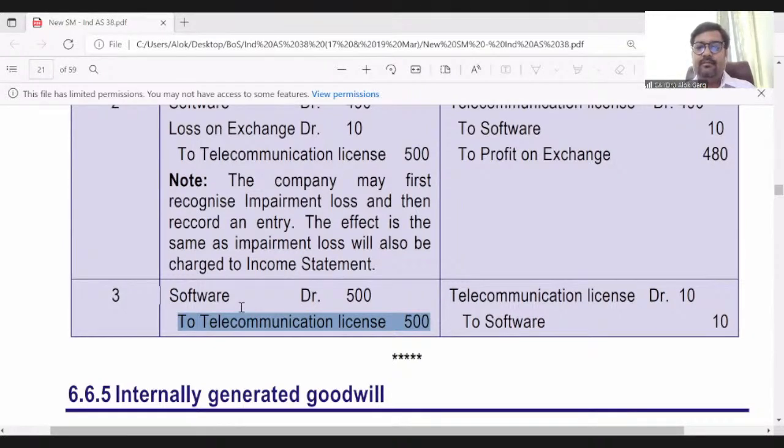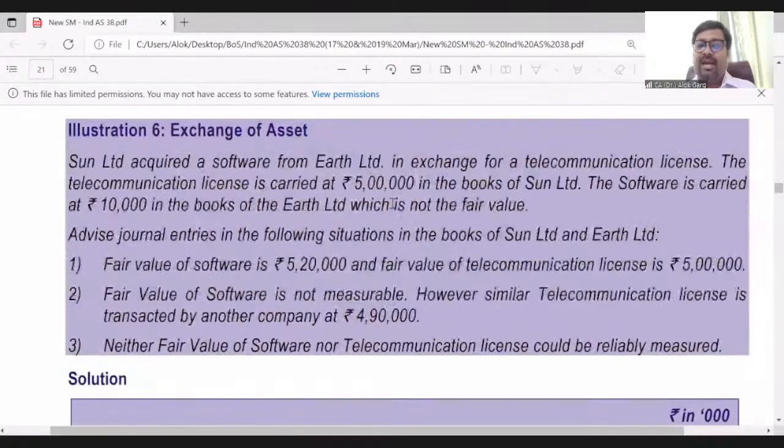Is it clear? Vidula, why are you saying 5,20,000? There are three different situations. So in the first situation, we do have fair value of asset acquired and fair value of asset surrender.